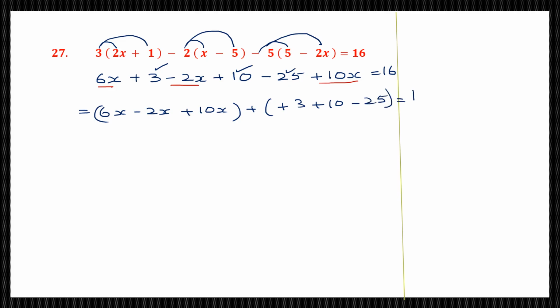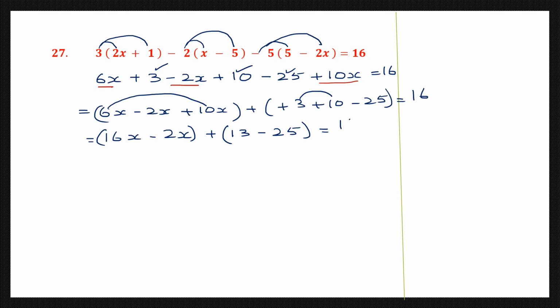All this is equal to 16. So let's work this out. First, let's add the numbers with the same sign. 6 plus 10 is 16x minus 2x. So we've got that there. Plus, for the whole numbers, let's add the numbers with the same sign. 3 plus 10 is 13 minus 25. All this is equal to 16.